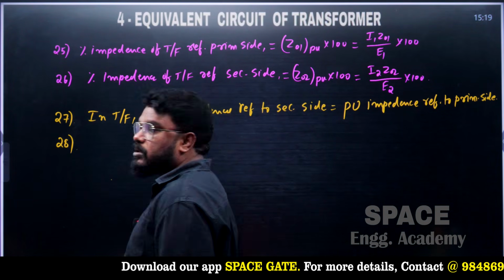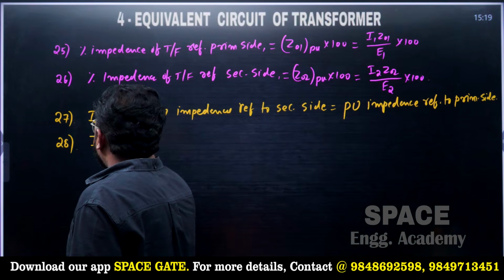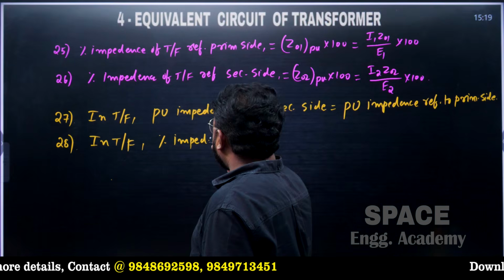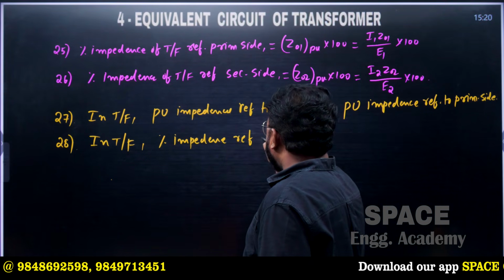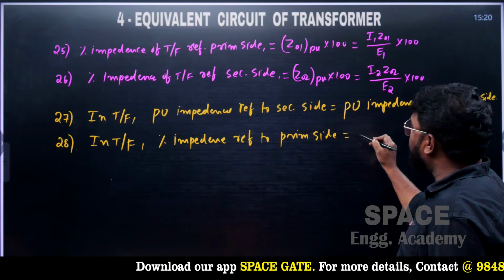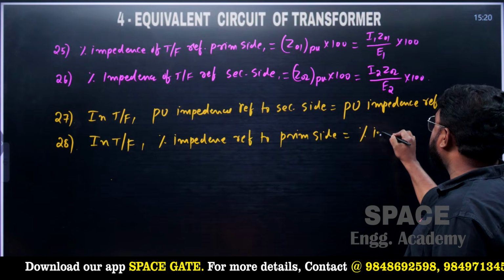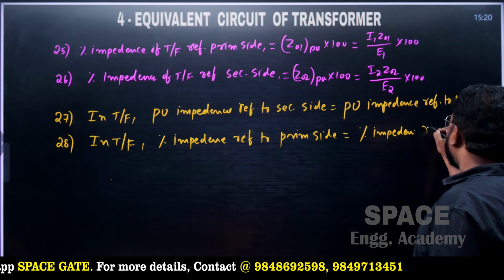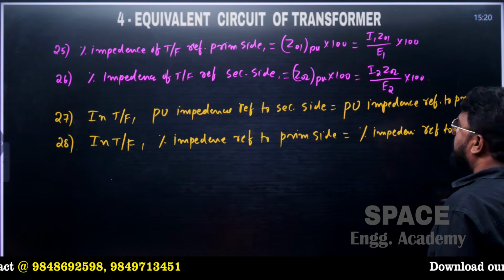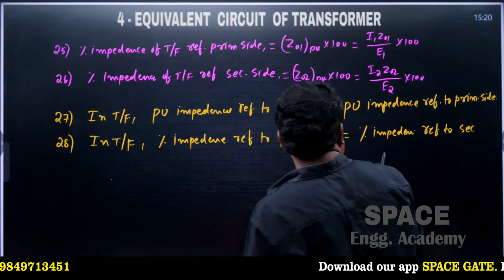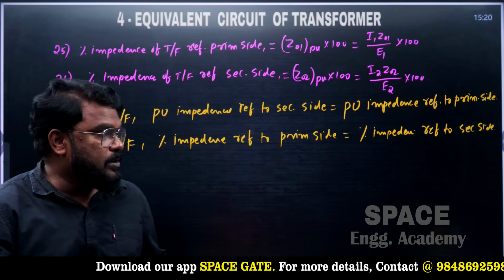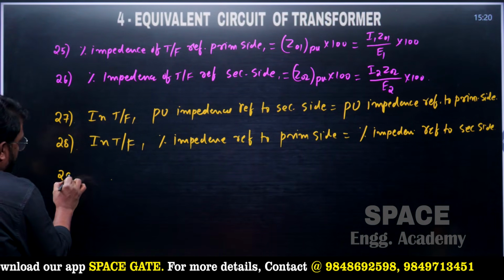And one more possibility of the question: in a transformer, the per unit or percentage impedance referred to the primary side is equal to the percentage impedance referred to the secondary side. So this is the type of the question.